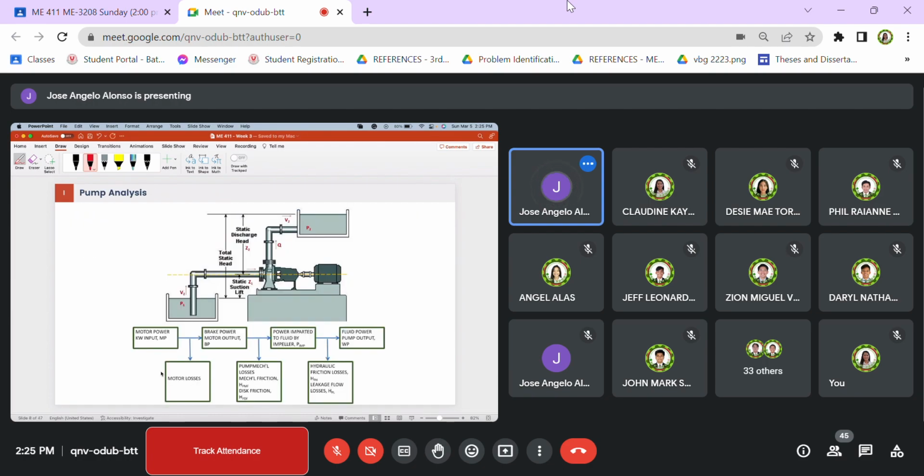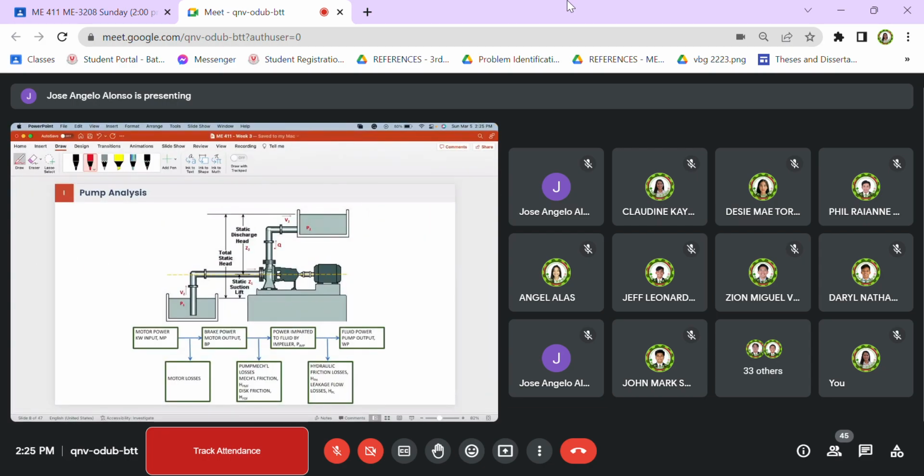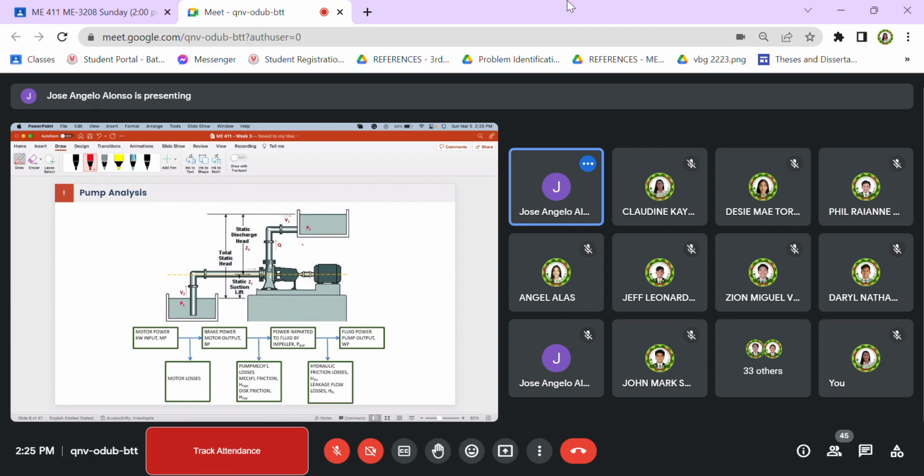Okay, so for pump analysis, na-compute natin, na-determine natin kung paano mako-compute si total dynamic head.